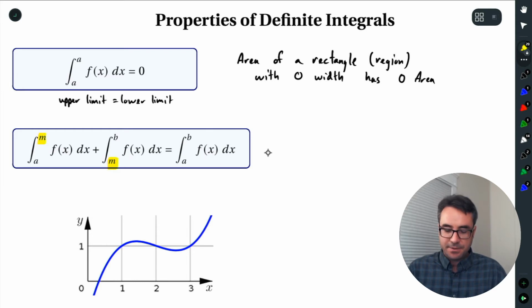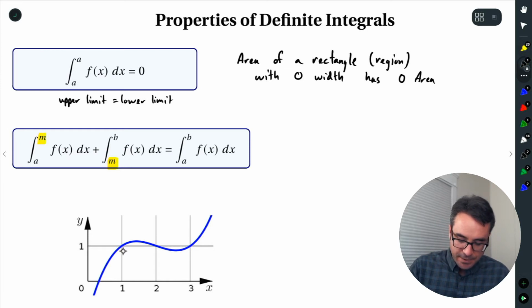This property is going to make a whole bunch more sense if we think of it in terms of area. So as a little example, let's suppose that we have this function f of x, and we were interested in integrating from x equals a to x equals b.